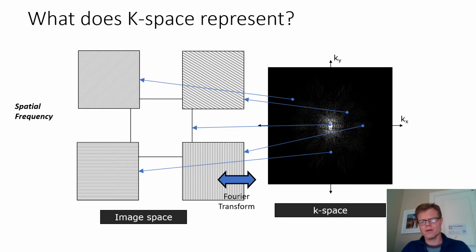Okay, so we figured out that we can characterize the effect of gradients on the phase, and we refer to that as K-space, and then I've said the data you acquire there is, in fact, the spatial frequency domain information about our object. So let's dig into that and ask, what does K-space represent? The Fourier transform is going to become very important in this understanding.